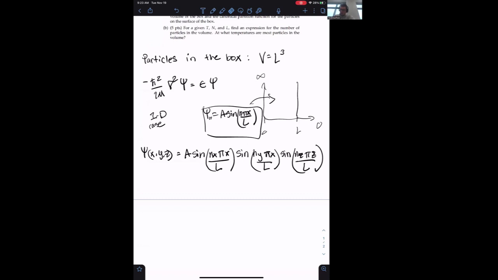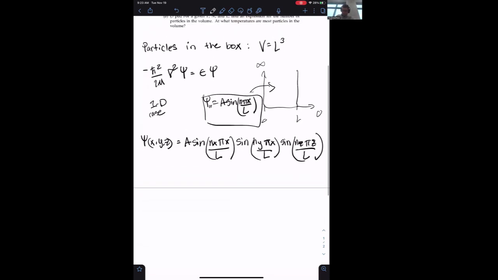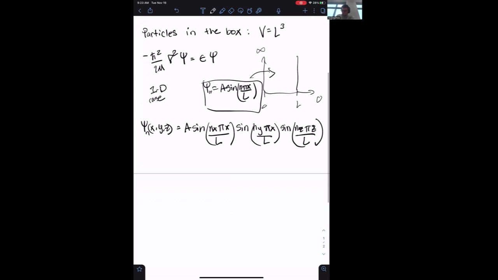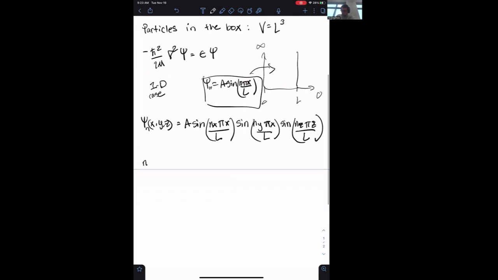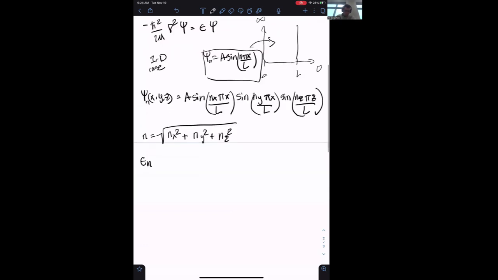And the energy of the particle in the 3D volume is going to be this, where n now is actually these nx, ny, and nz combined like this, and the energy of one.